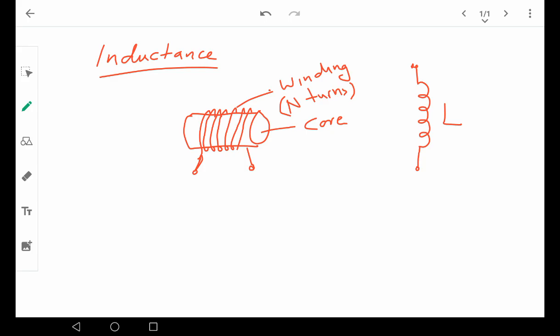The action of an inductance is like this.